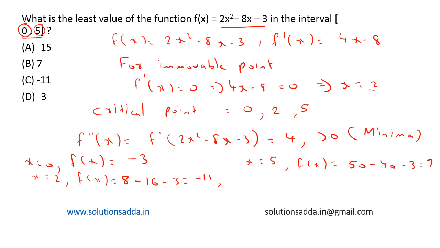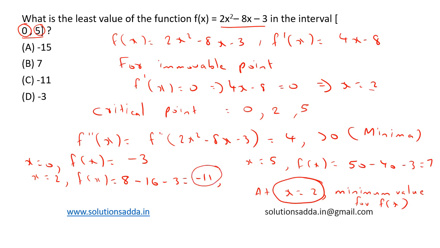So at x equal to 2, we get minimum value for f of x. So x is equal to 2 and the value is minus 11. So the correct answer is option C, minus 11.